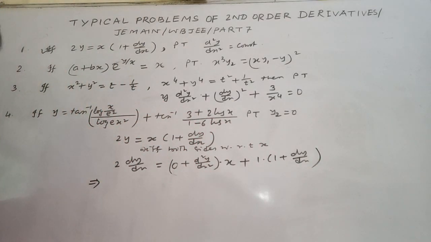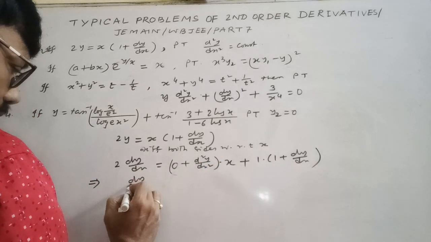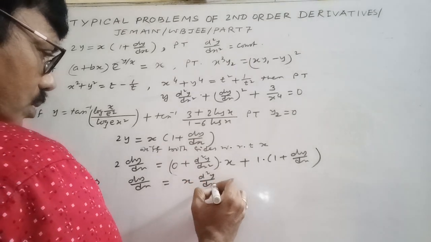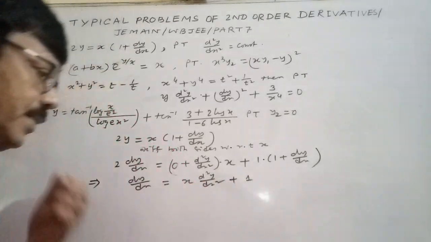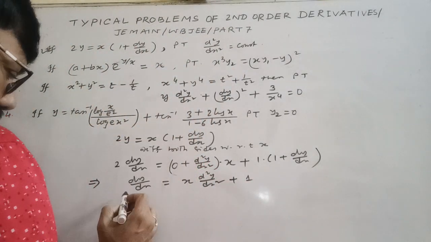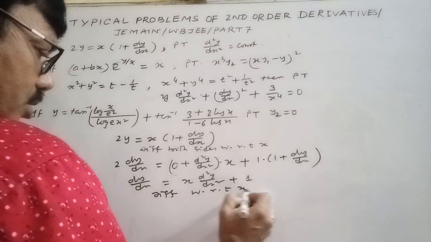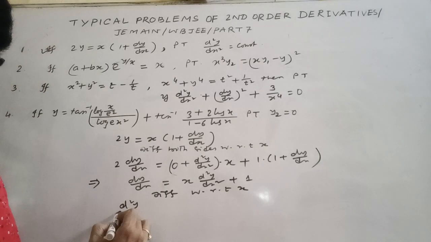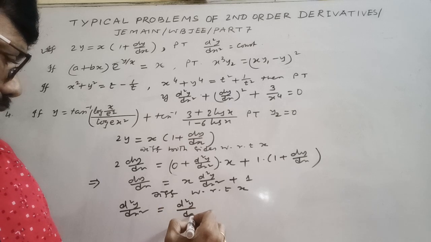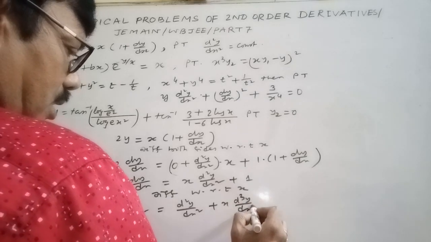So if we simplify, this is 2 dy/dx, this is dy/dx. So we are getting dy/dx equals x into d2y/dx2 plus 1. So we are getting this relation. Differentiating again with respect to x, by product rule this is d2y/dx2 plus x into d3y/dx3.